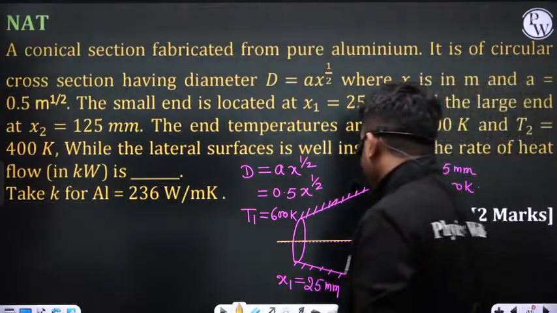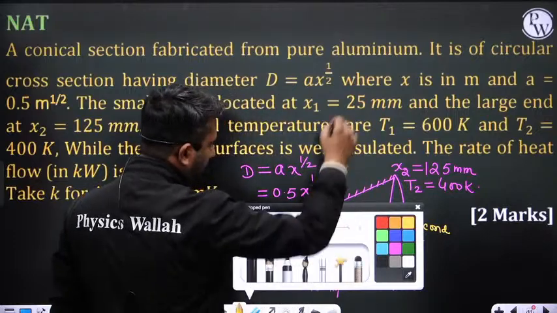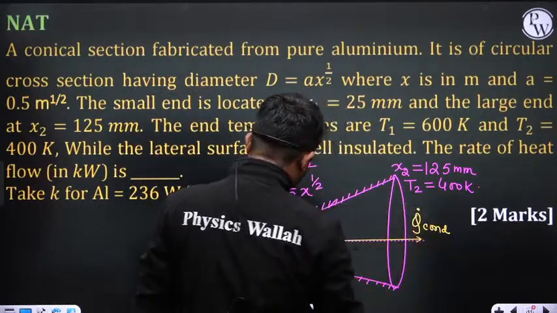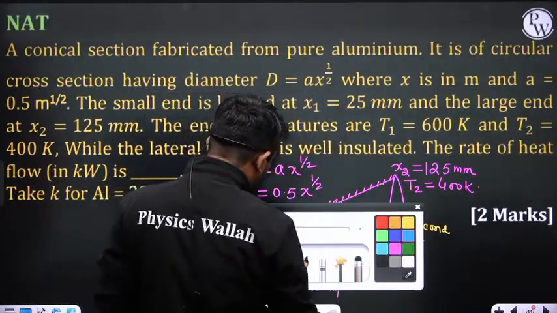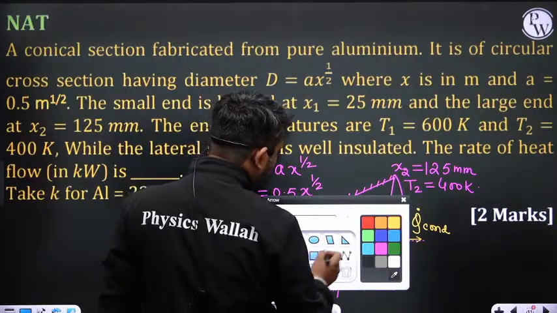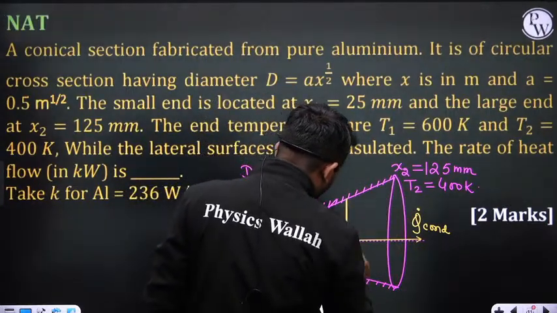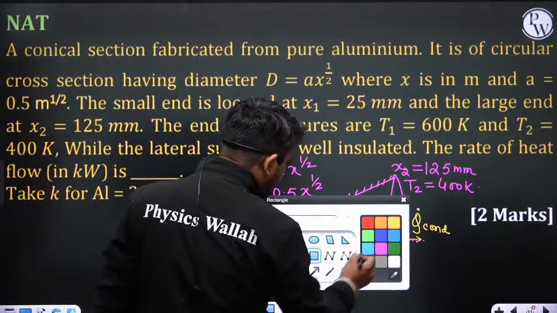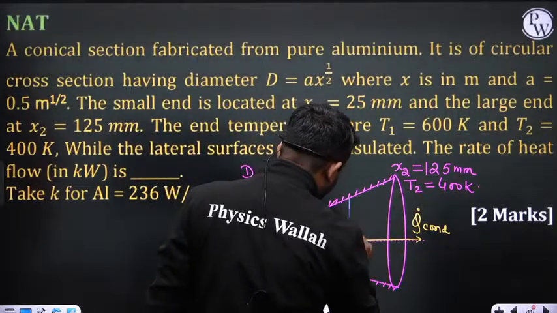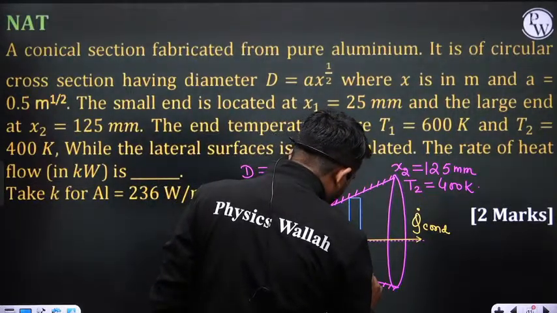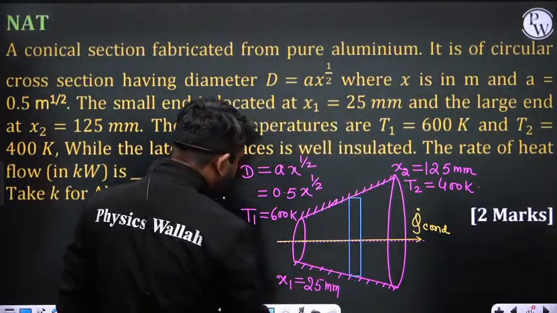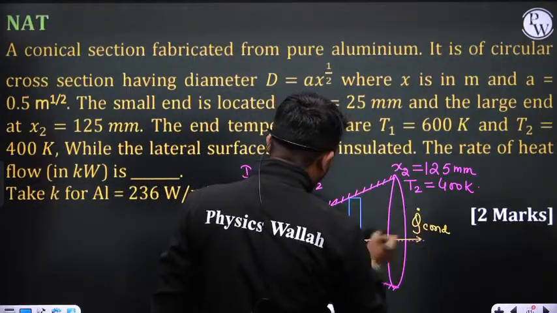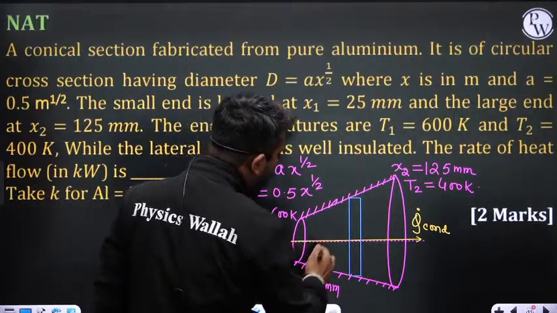Okay. Now see here. For the calculation of Q dot, I am considering a very small element at a distance x from the small end.